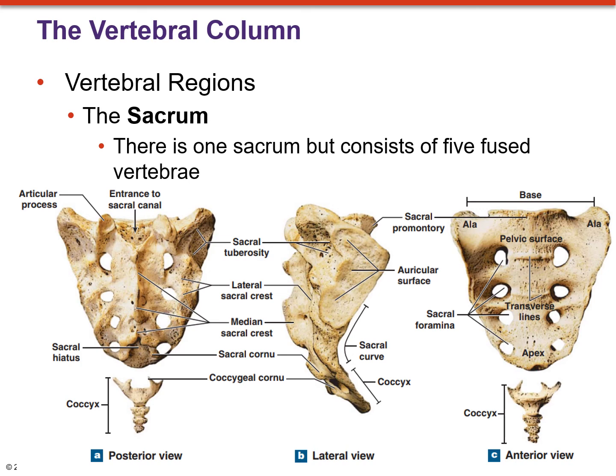Once this fusion is complete, prominent transverse lines will mark the former boundaries of individual vertebrae, and this composite structure protects reproductive, digestive, and excretory organs, and via paired articulations, it attaches the axial skeleton to the pelvic girdle of the appendicular skeleton. So there we have that connection between the axial skeleton and the appendicular skeleton at the sacral region.